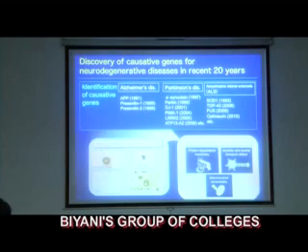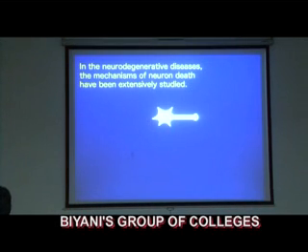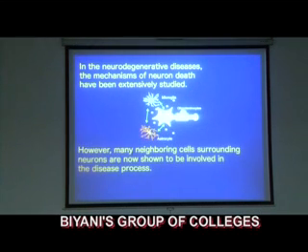As I showed in the last slide, in neurodegenerative disease, the mechanism of neuron death has been extensively studied. However, many neighboring cells surrounding neurons are now shown to be involved in the disease process.